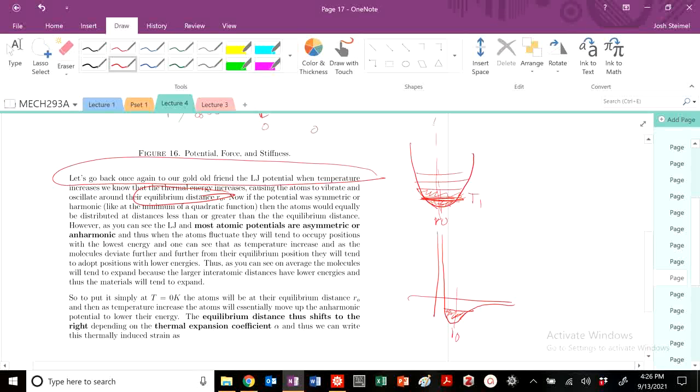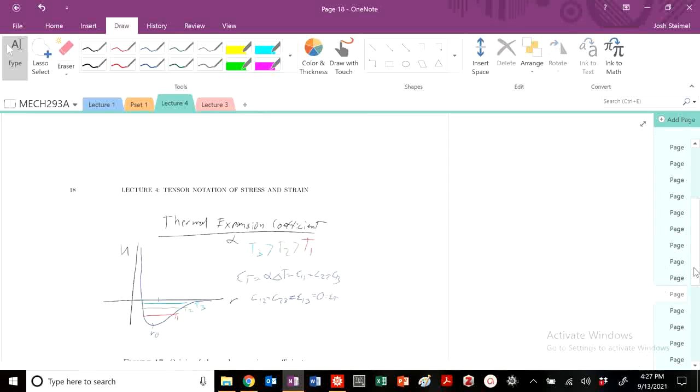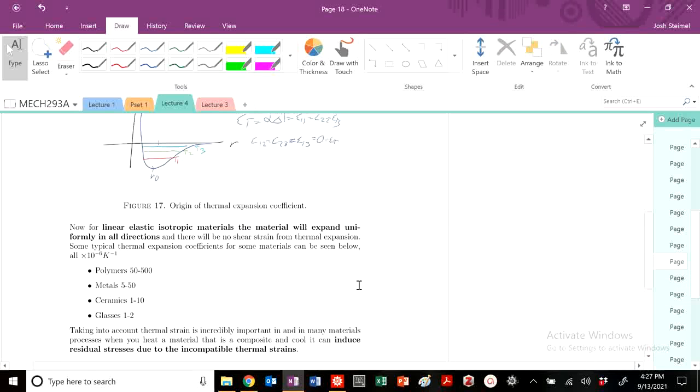So because they are asymmetric, or anharmonic, when atoms fluctuate, they're going to occupy positions with the lowest energy. So as temperature increases and the molecules move further and further apart, they're going to adopt lower energy positions. And on average, the molecules are going to expand because at the larger interatomic distances, there's lower energies, as you can see here, rather than being right over here. It's a little bit hard to see in that figure because I didn't draw it as asymmetric as I would like it to be. But this is a good example.